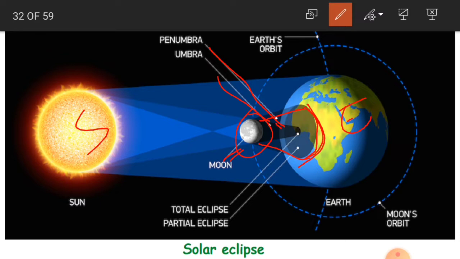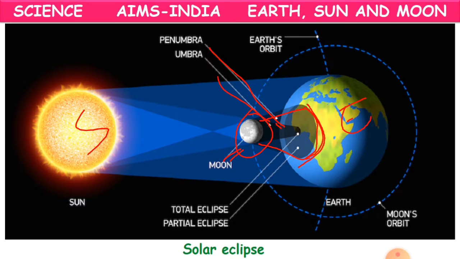See here, the lines, they are not touching each other. So without touching the umbra, the moon is completely immersed in the penumbral cone. Okay children, so this is how the solar eclipse occurs. Clear children?